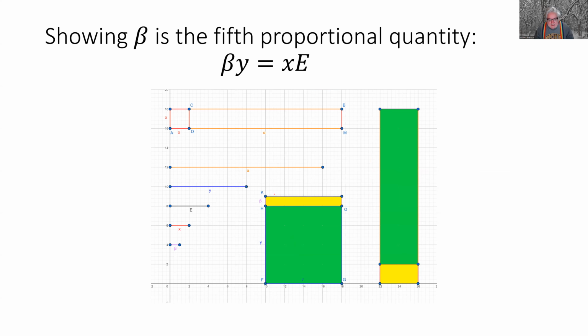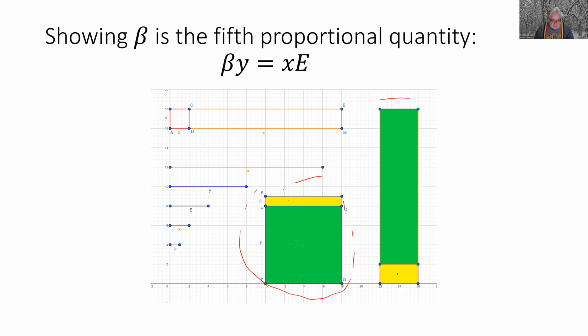So what does that tell us? That tells us that the area of this whole rectangle and the area of this whole rectangle are the same. They're both B, or A times E. We know that the dark green areas are the same. So that tells us that the yellow areas are the same.